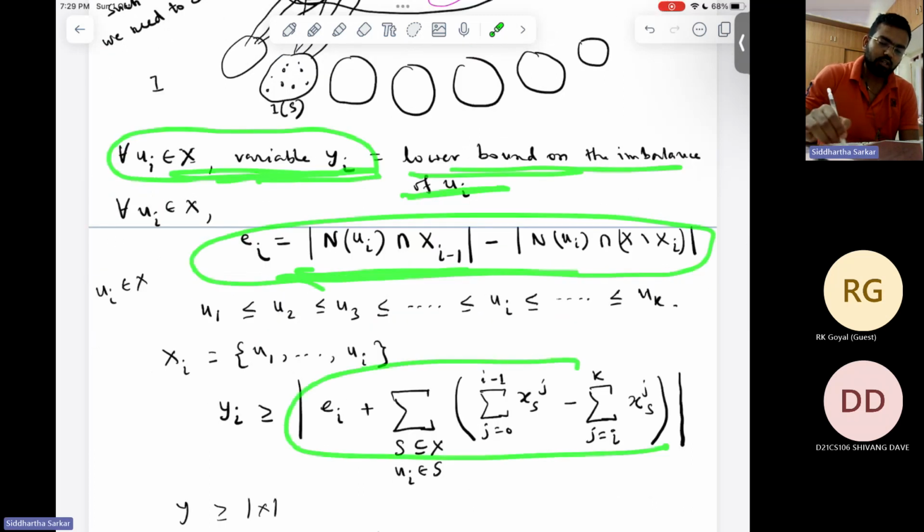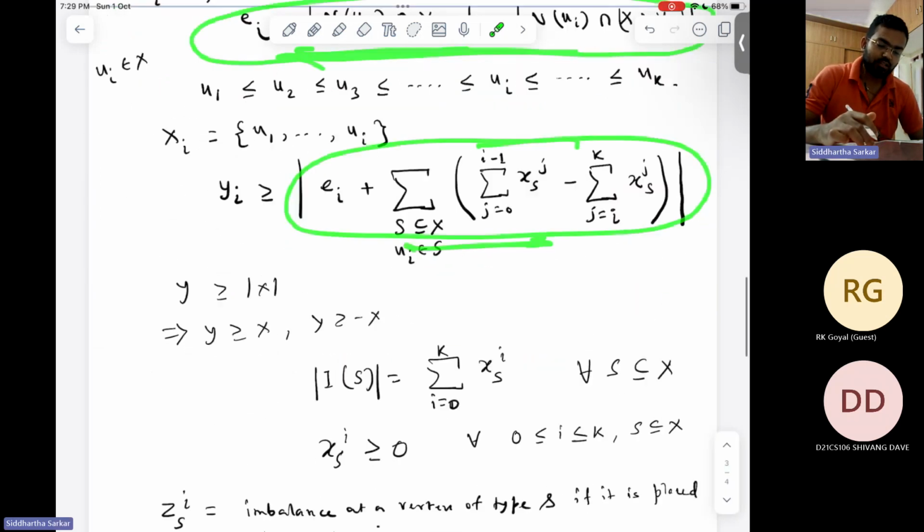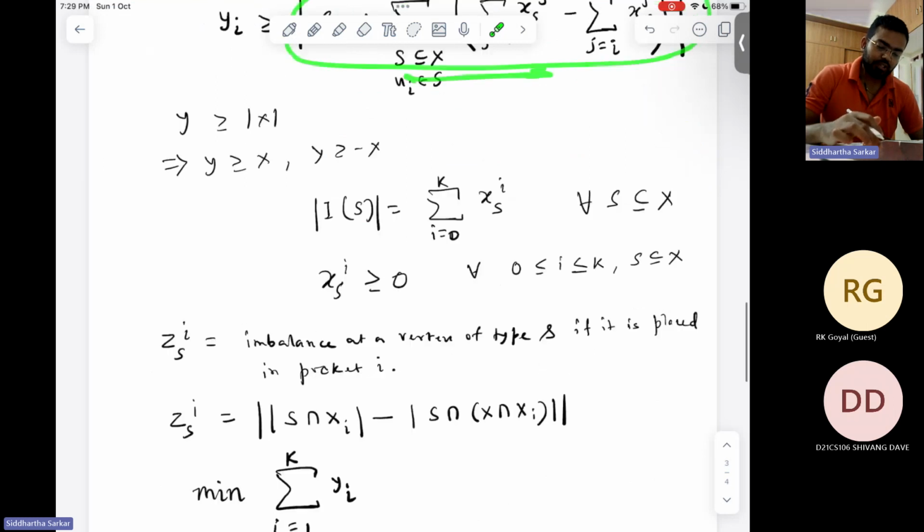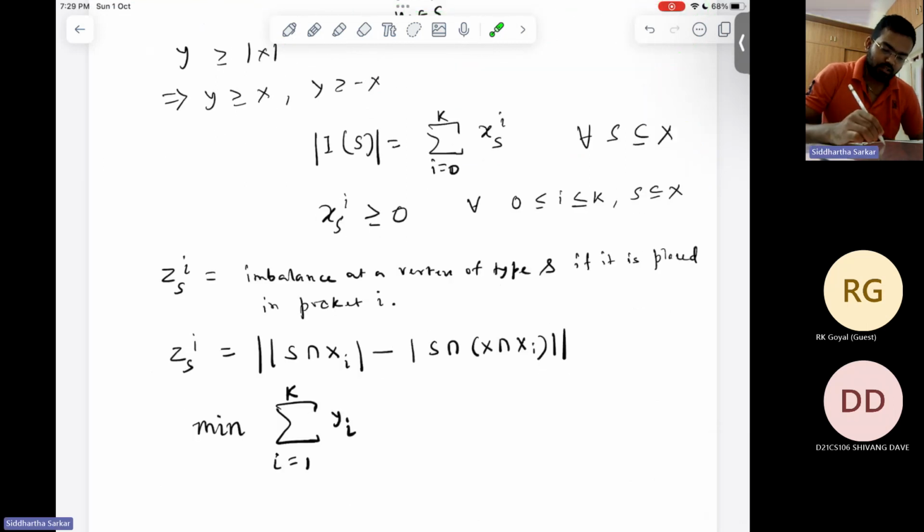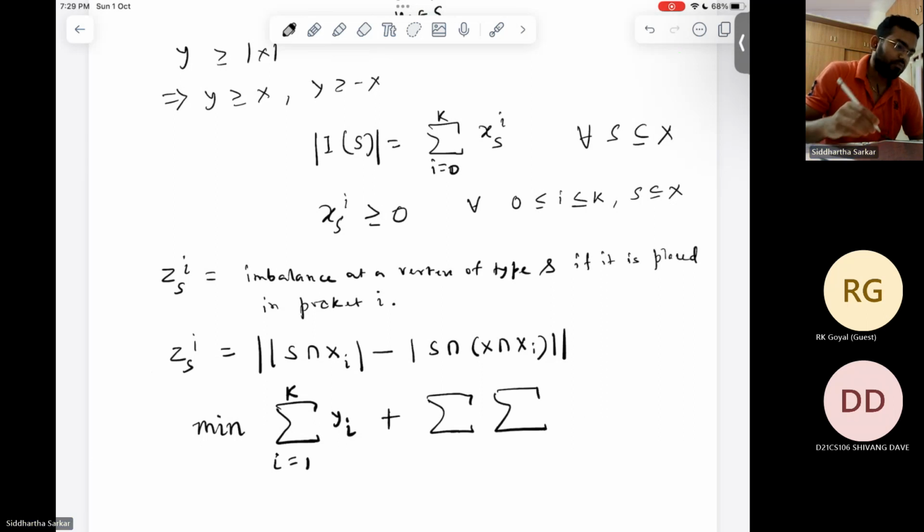So this is the total imbalance for a vertex in the vertex cover. The total imbalance will be the sum of the imbalances for the vertices in the vertex cover, plus the imbalances for the vertices which are in the independent set. That is again a complicated looking double sum, but we will try to translate it into simple terms.